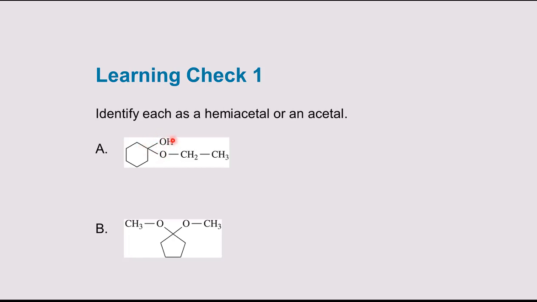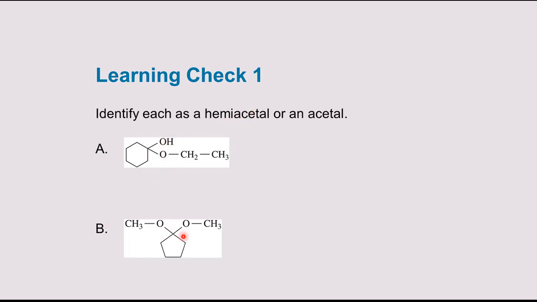If one of those oxygens is an alcohol oxygen or an OH, and one of those oxygens has a chain coming off of it, or additional carbons coming off of it instead of a hydrogen, then it is considered a hemiacetal. This hydroxyl group here is still open to react with another alkane chain or an alcohol with an alkane chain. So A, we would consider as a hemiacetal.